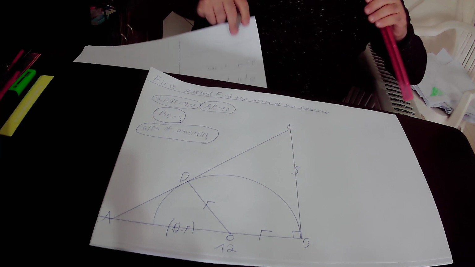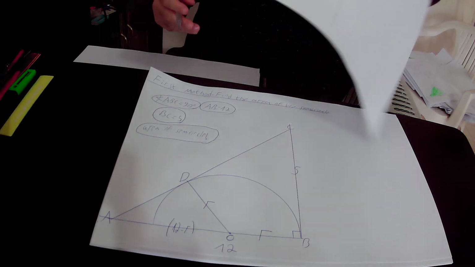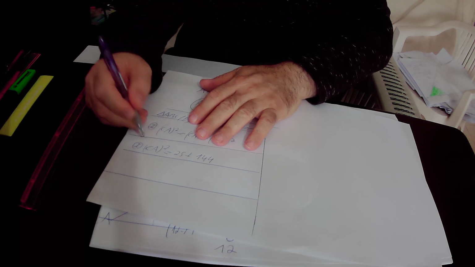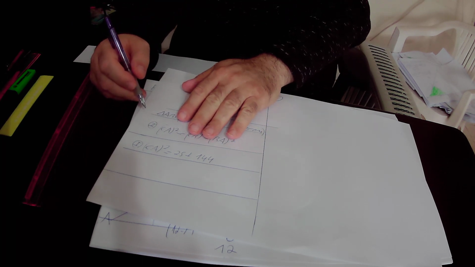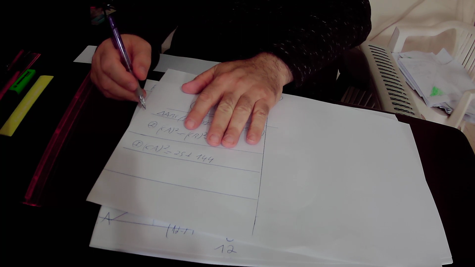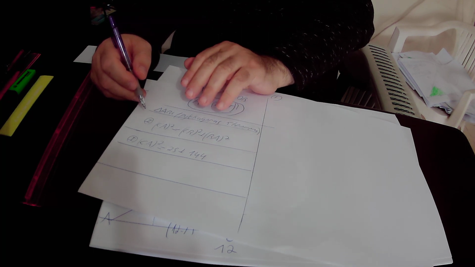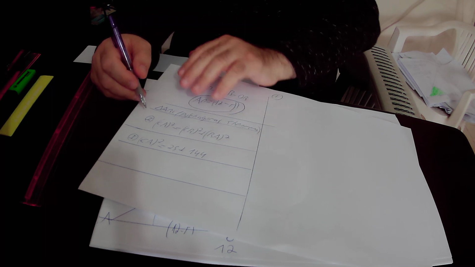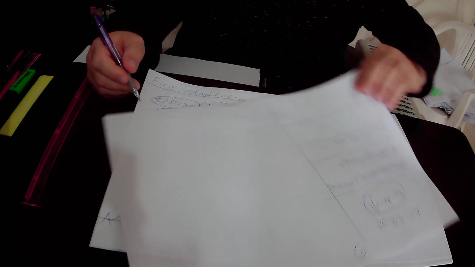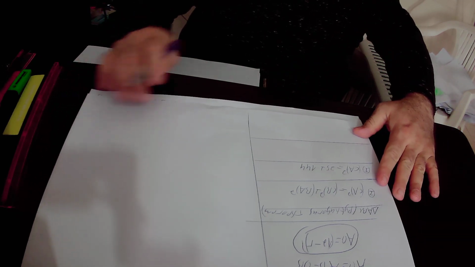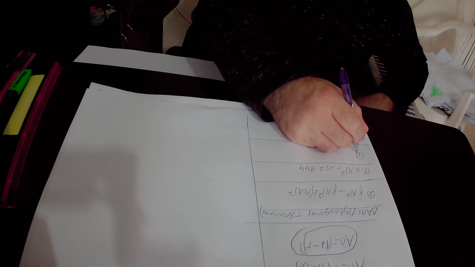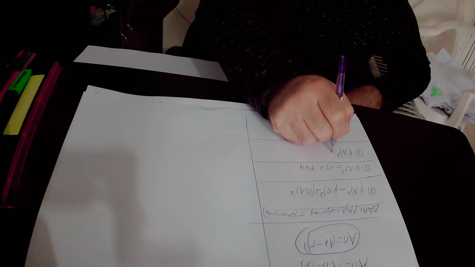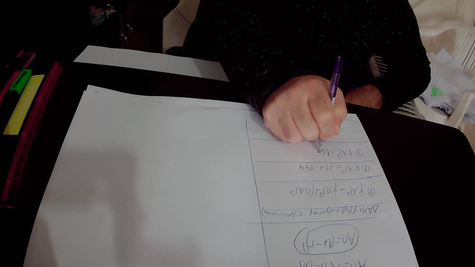So in conclusion, we found out that according to equation number 1, CA square equals 25 plus 144, which is equal to 169. So I'll write it down. CA square equals 169 according to equation number 1.